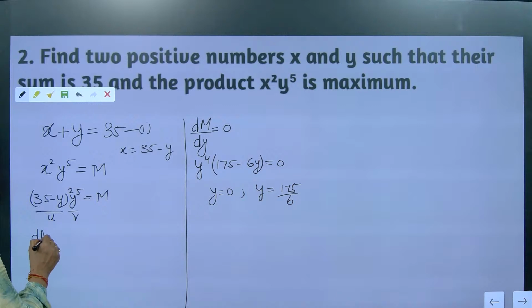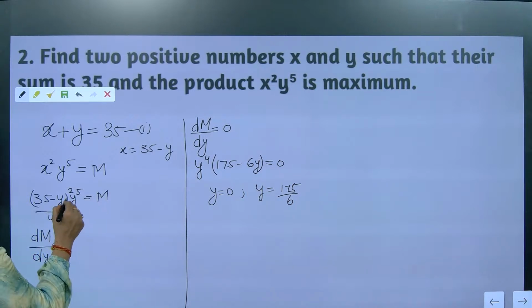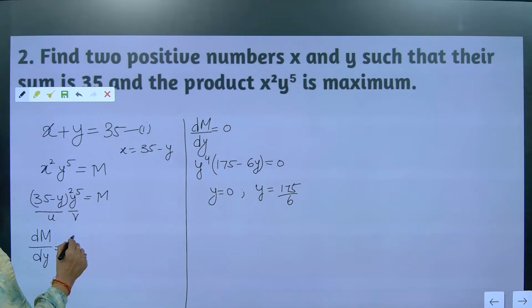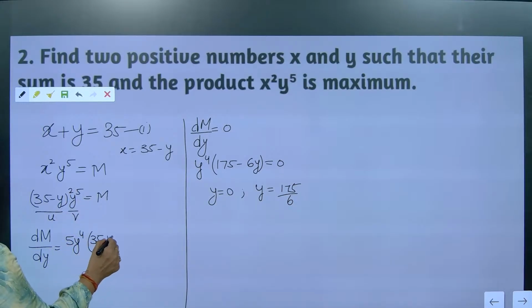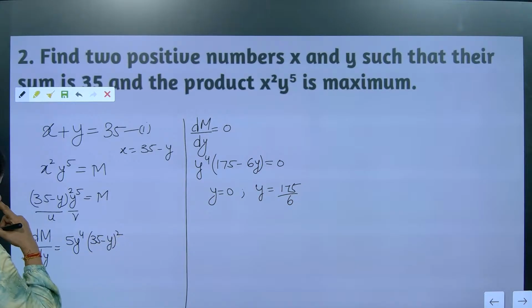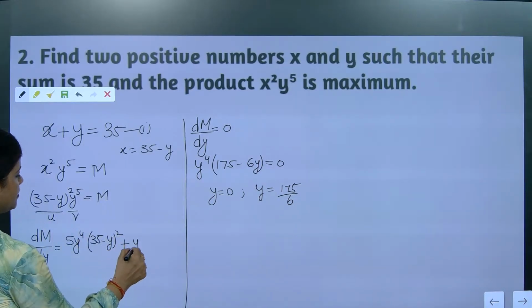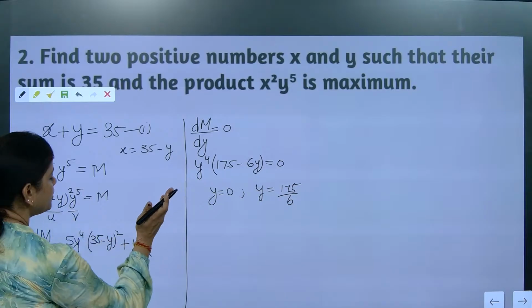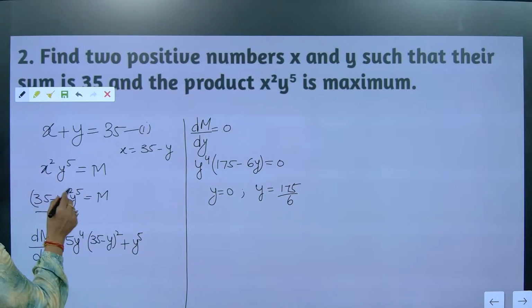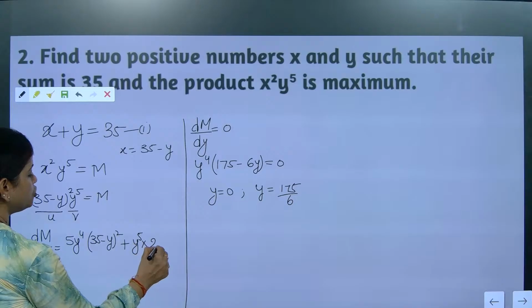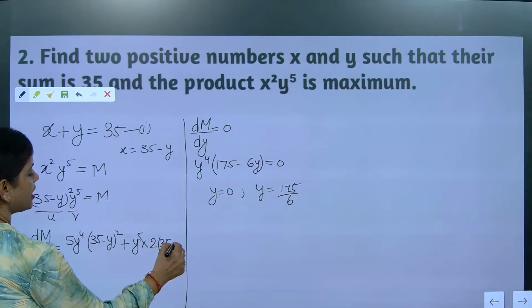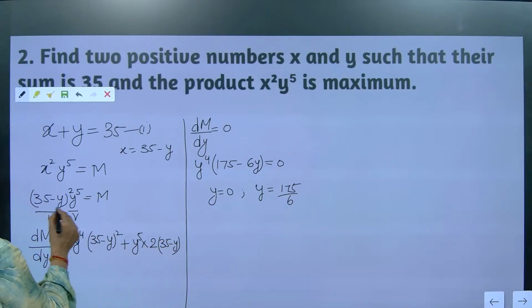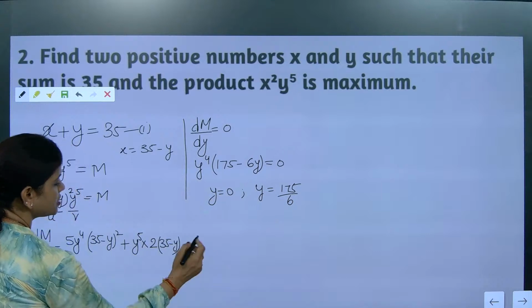Now here dm by dy: one time you leave y to the power 5 and differentiate the other part, it will become 5y4 into 35 minus y whole square. Next time you differentiate y5, leave the other. Differentiation of this part will become what, beta? It will become 2 into 35 minus y, and differentiation of 35 minus y will become how much?